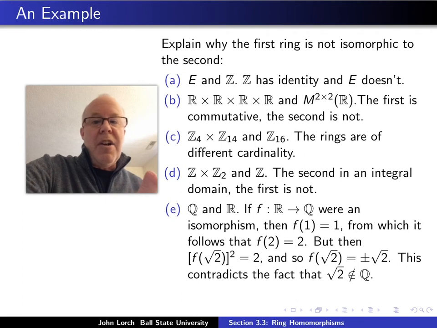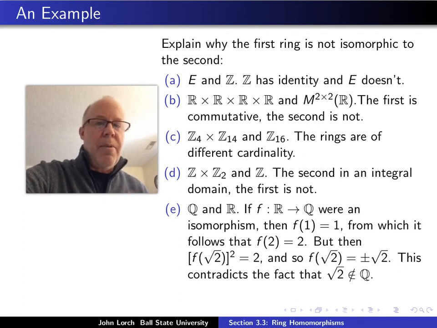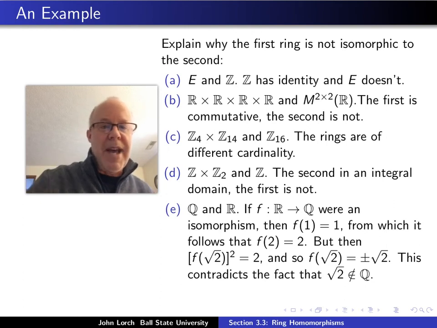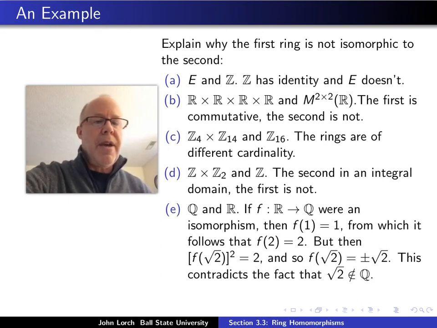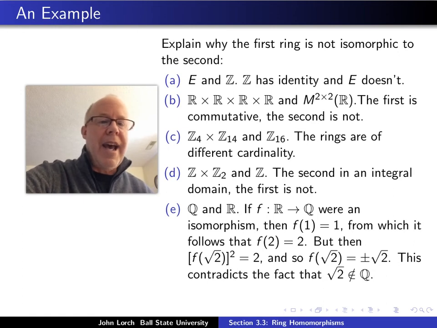Now, let's suppose you didn't know that, which probably you didn't. There's still another way you can show that there's no isomorphism from R to Q. Suppose, for a contradiction, that we did have an isomorphism F from R to Q. We know from Theorem 3.10 that F of 1 would have to be equal to 1.